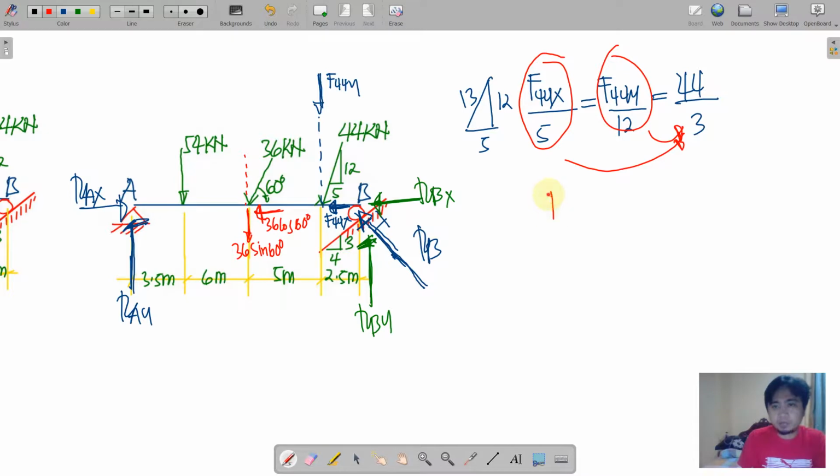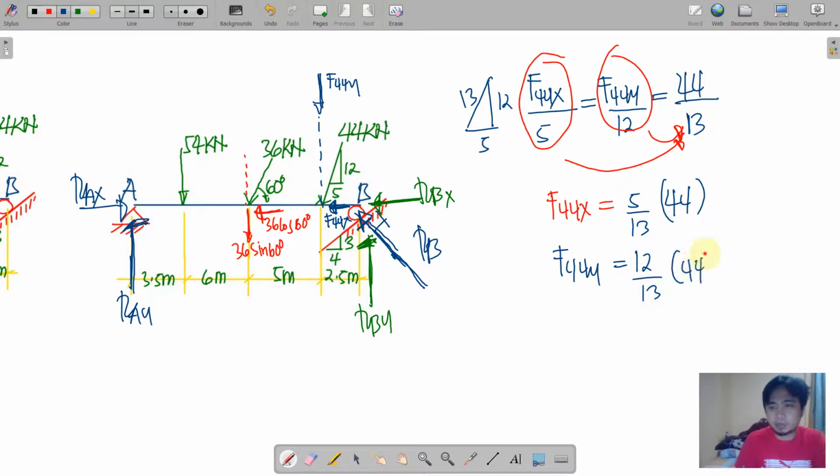So F44X therefore is equal to, by cross multiplication, 5 all over 13 of 44. So F44Y is also equal to, by cross multiplication, 12 all over 13 times 44.